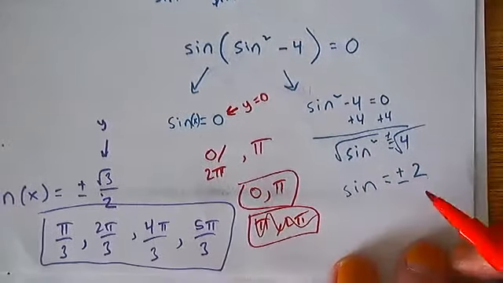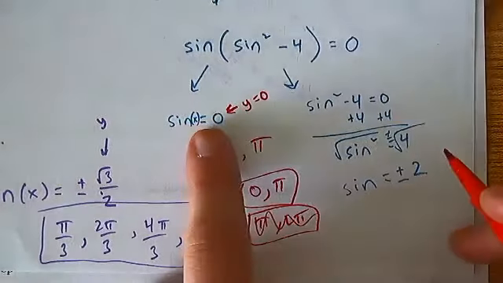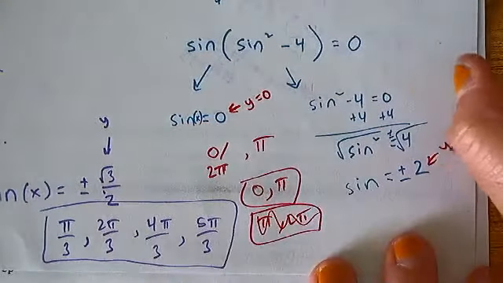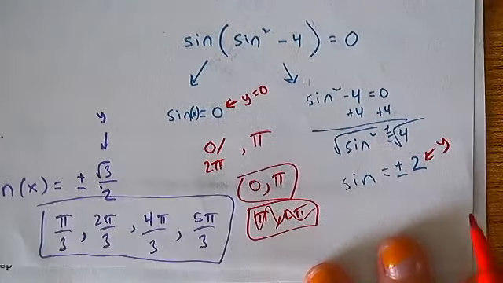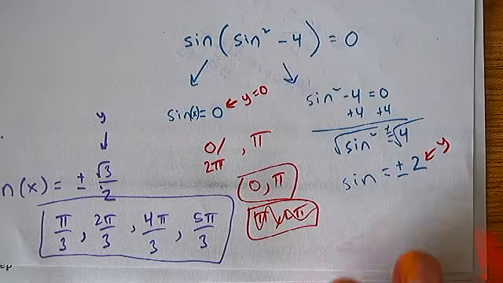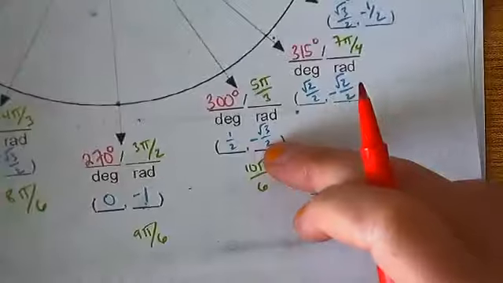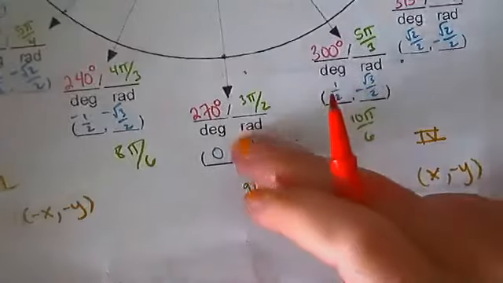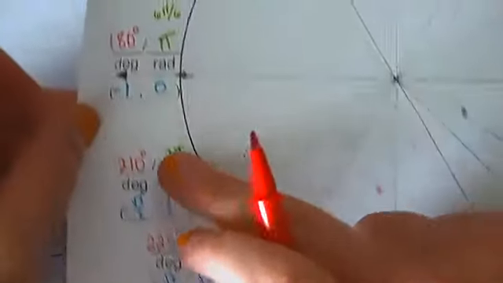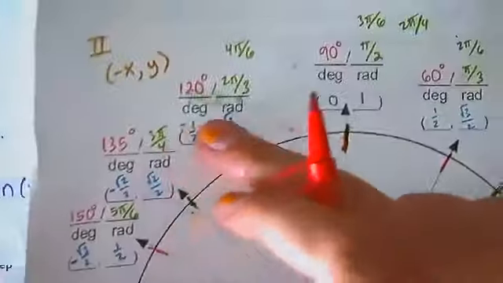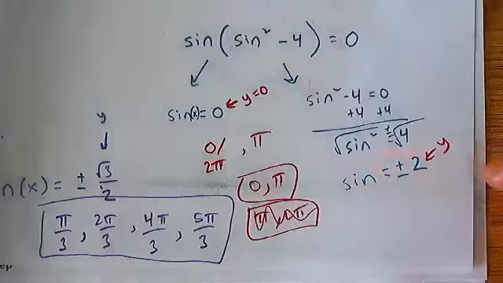All right, next up, this guy. So that's part of our answer. Here, where on the unit circle is y equal to 2? Y equals 0, y equals a half, root 2 over 2, root 3 over 2, 1. Is there anywhere on the unit circle where the y value is equal to positive 2 or negative 2?